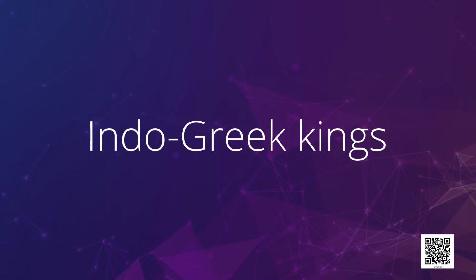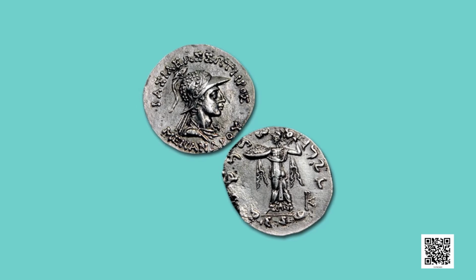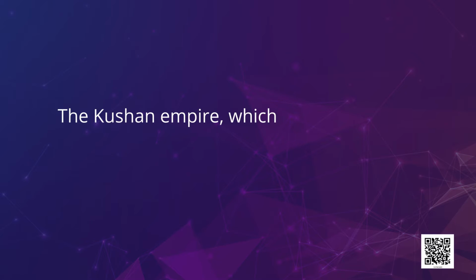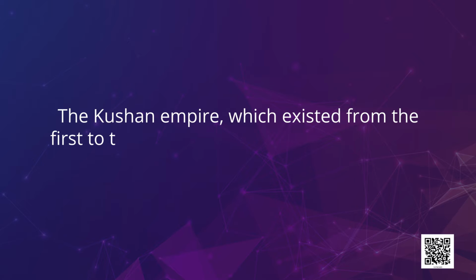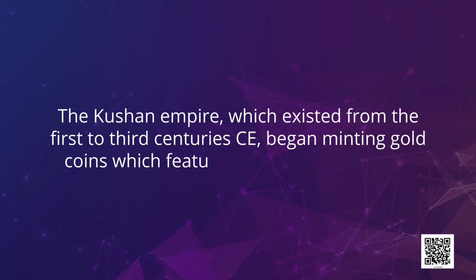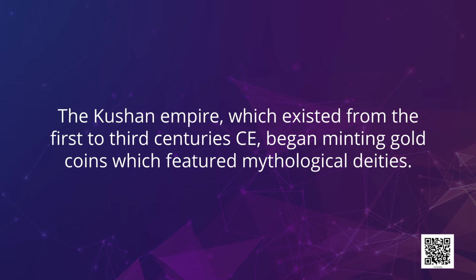The Indo Greek kings then introduced new types of coins that would influence Indian coinage for many centuries to come. The Kushan Empire, which existed from the 1st to 3rd century Common Era, began minting gold coins which featured mythological deities.